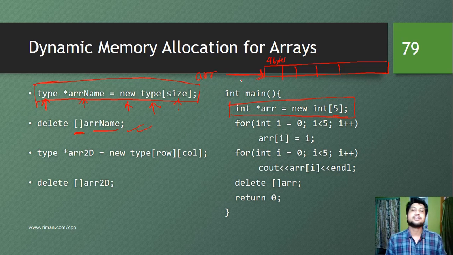That means arr stores the first address of that array, and after this you can simply use arr as an array name or the base address, like you used to do in the case of int arr[5].